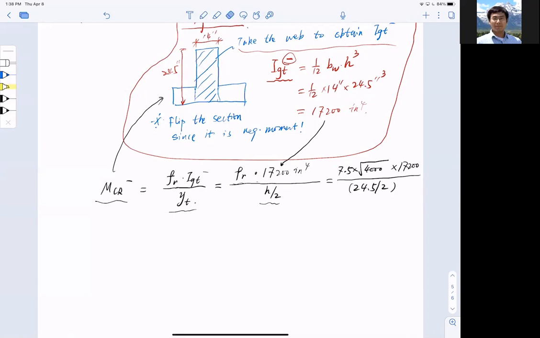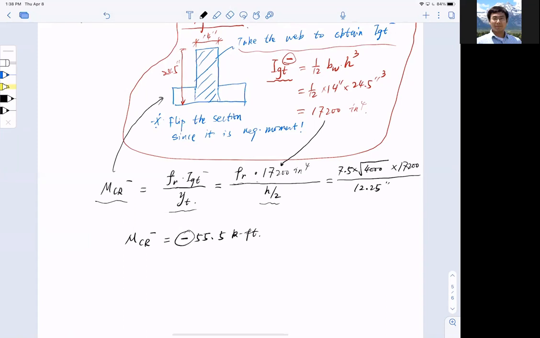Just to make it easy, and you don't have to wipe it out, you can continue writing. I'm just trying to save space here. This is 12.25 inches. And now my MCR negative, be careful, is negative 55.5 kip foot.